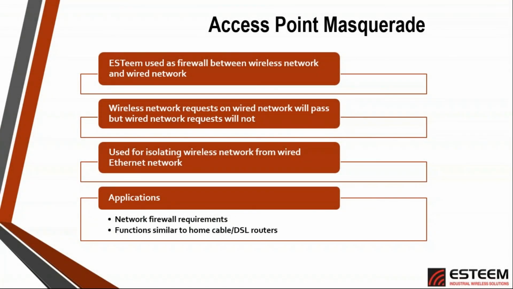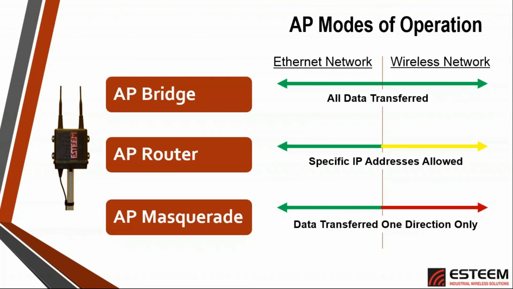Well, the access point masquerade configuration is identical to what we did for the AP router. The only difference is how the access point masquerade functions. With the AP router, we saw that data coming into the Ethernet interface that matches what's required will go across the wireless.